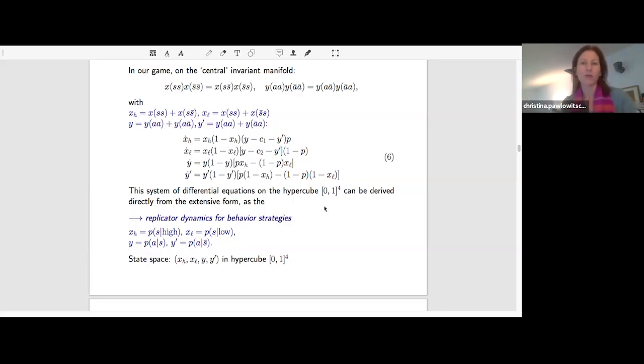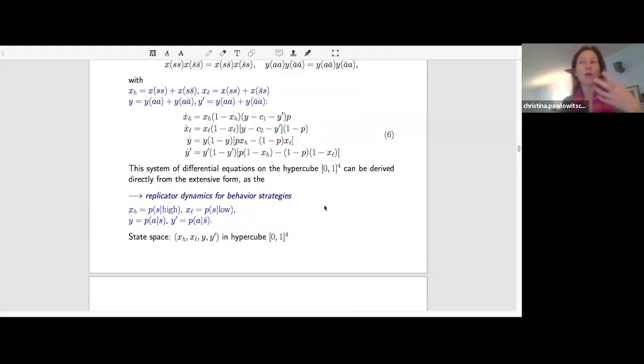But one of the contributions of our paper is to give actually a proof of that, or to be more precise, to show that the replicator dynamics in the agent normal form, so to say, in the extensive form, is equivalent to the dynamics on the right manifold, on the central invariant manifold, when we were to look at the replicator equations in the entire game. So this is maybe the core or the most general result we have.